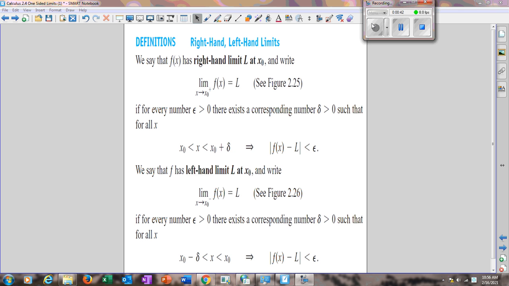So the only difference here is that I don't have to do a plus or minus on either side. I don't have to do x naught minus delta because I'm only approaching it from the right-hand side.